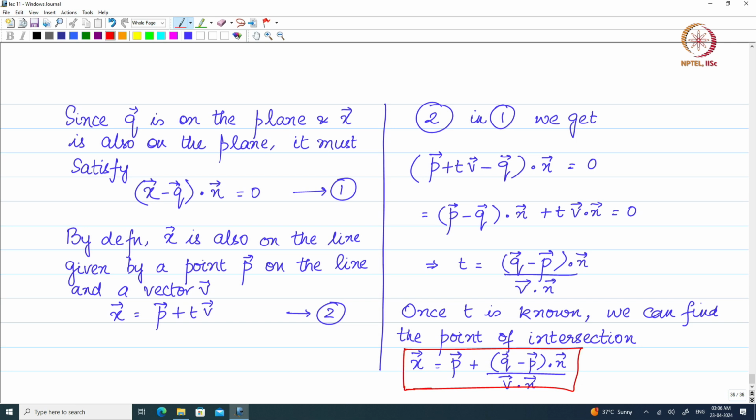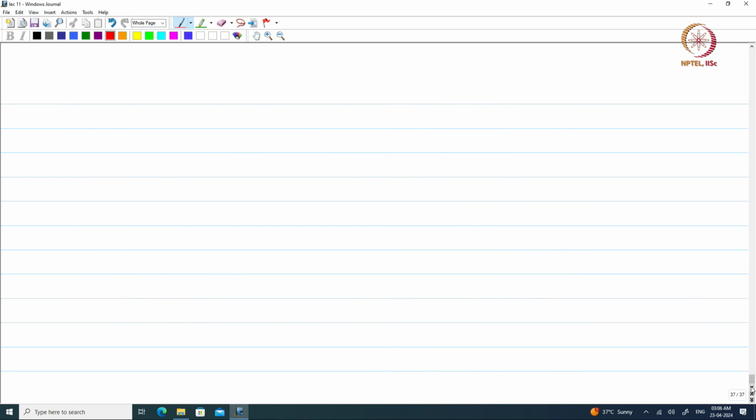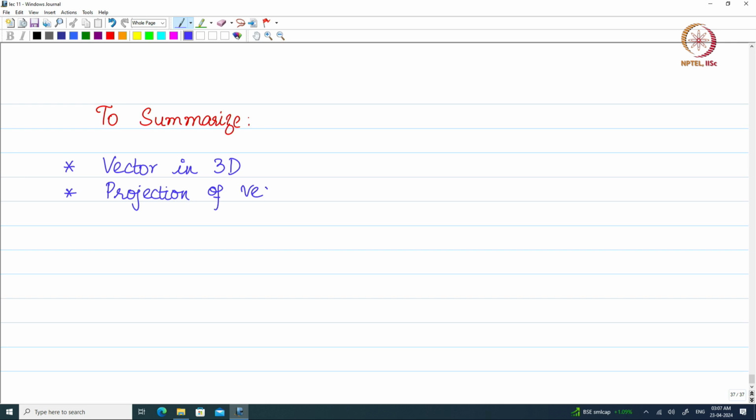Okay. So, what we have done in this entire module, to summarize, we have looked at the definition of a vector in 3D, as something with 3 components. Then we looked at the projection of a vector onto another vector.